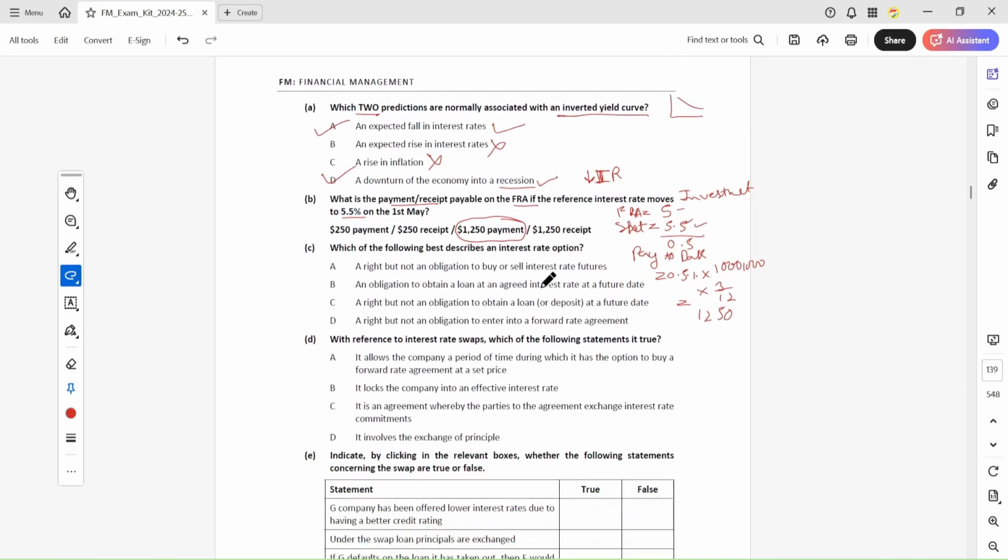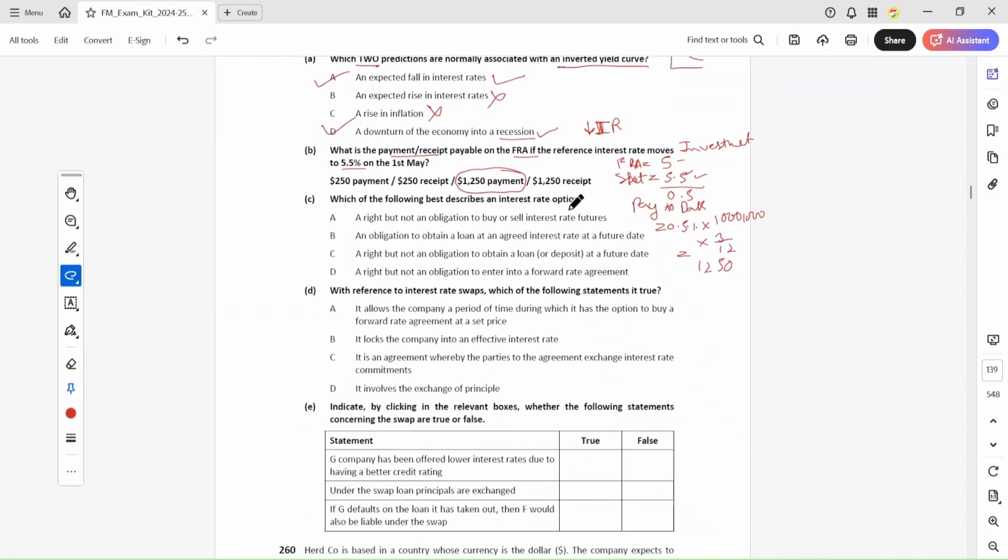Next is C. Which of the following best describes an interest rate option? It is the right, not the obligation, to buy or sell an interest rate. This is correct. An obligation? No, it is not an obligation.